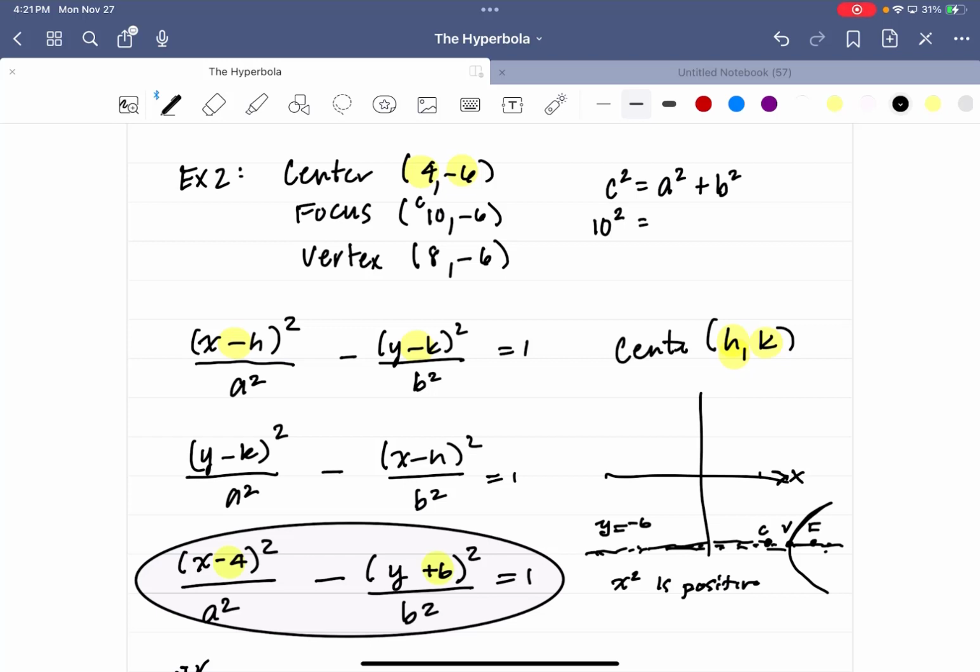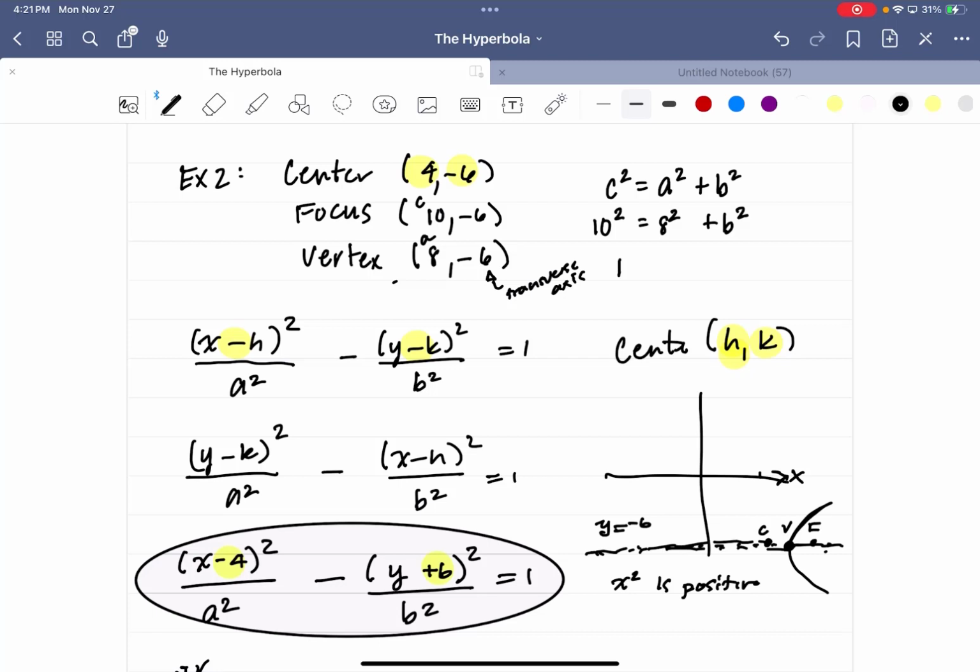Now, to get the a squared, we know that our vertex's x coordinate is going to be our a. So our a squared is 8 squared, plus b squared. Remember, this is just the transverse axis, and these are your c's and your a's.